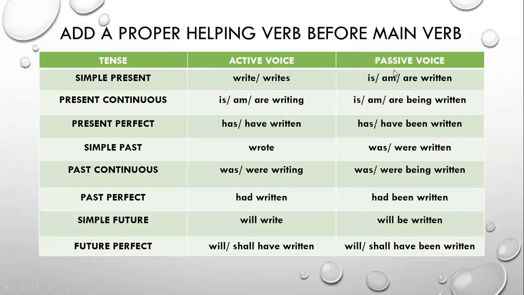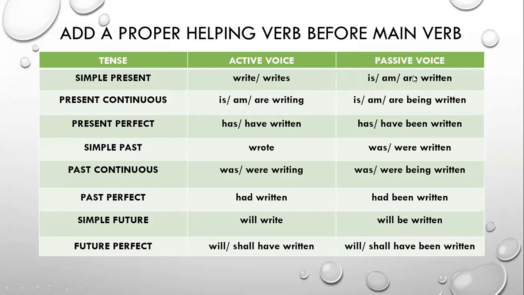So how to change it into passive voice? When we convert it into passive voice, our helping verb becomes is, am, are. We are to add an appropriate helping verb before main verb. Now I told you to convert main verb into third form. So what is the third form of write? It is written. Write, wrote, written.